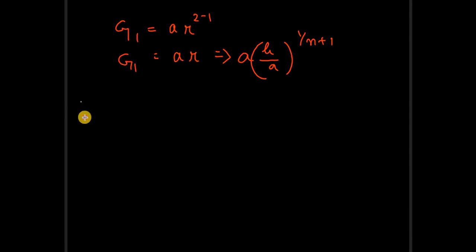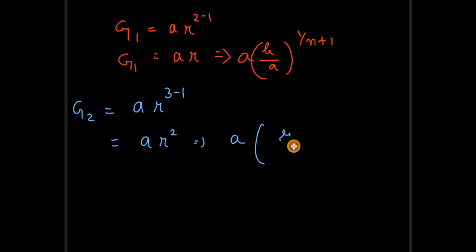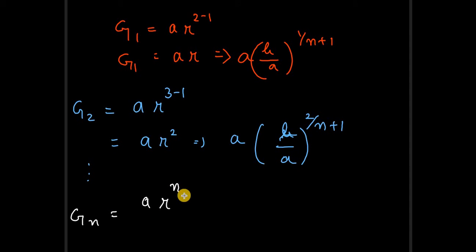Now similarly we can find g2 as a r to the power 3 minus 1, as it is the third term of our sequence, so it will be r square, and further we'll write it as b by a to the power 2 by n plus 1, because 1 by n plus 1 multiplied by 2 becomes 2 by n plus 1, and so on. We will get up to gn, that is a r to the power n.